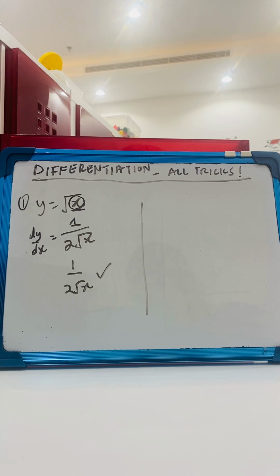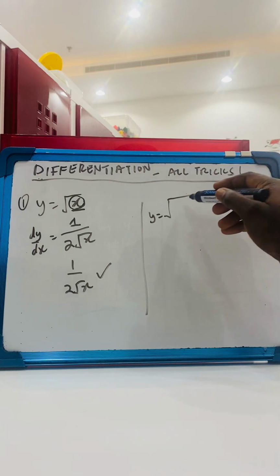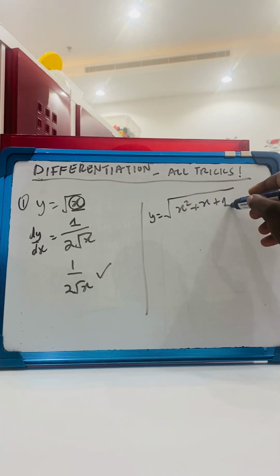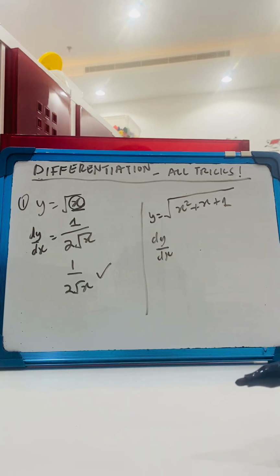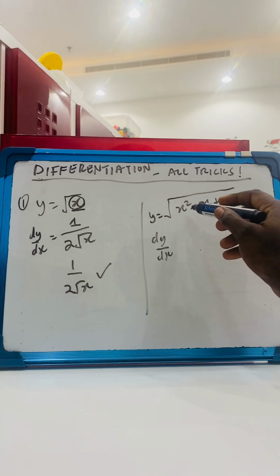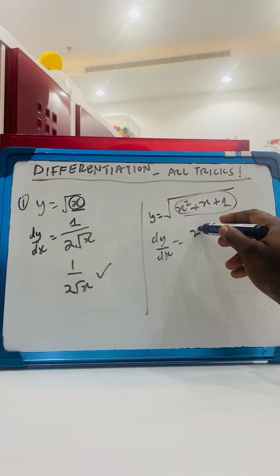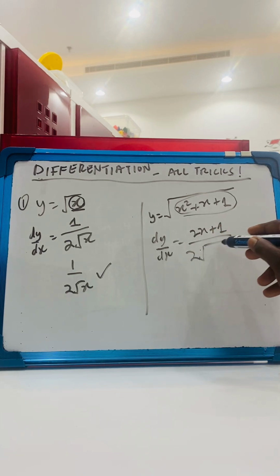I'll take another example. Let's say y is a big square root, let's say x squared plus x plus 1. So if I need dy dx, or the derivative of y with respect to x, all I need to do is differentiate what is under the root sign, that is 2x plus 1, divide by 2 times the given expression.